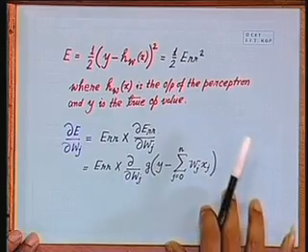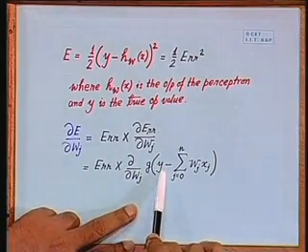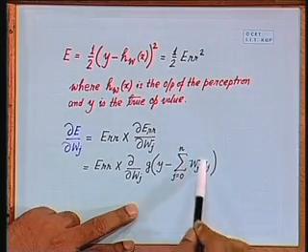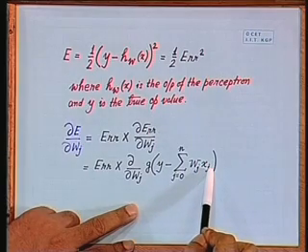G is the activation function, of y minus the total input, the sum over j equal to 0 to n of Wj xj.